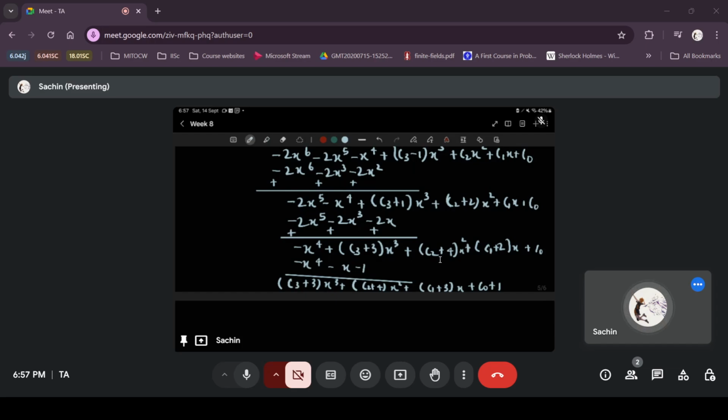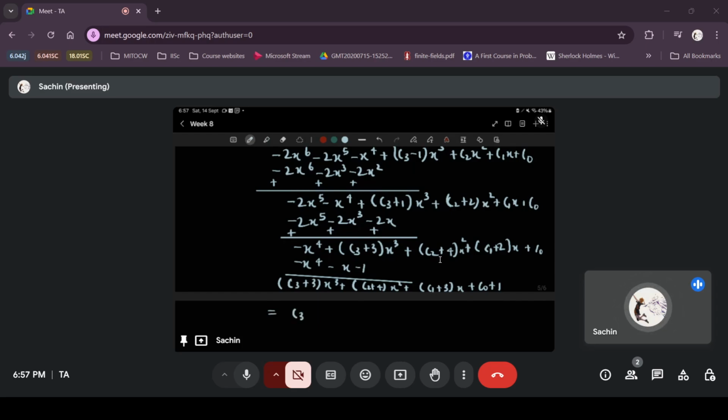In mod 2, 3 is just 1: 1 plus 1 plus 1, but 1 plus 1 is 0, so we are left with 1.